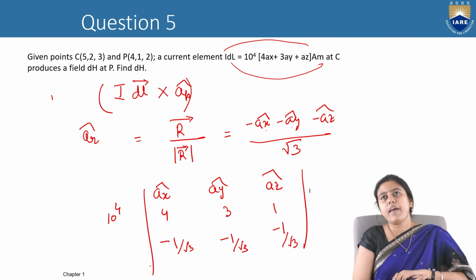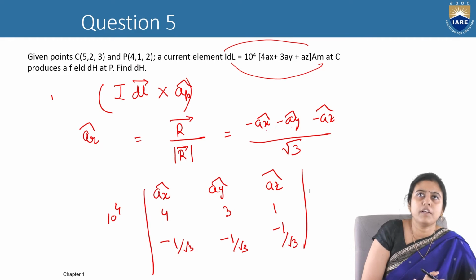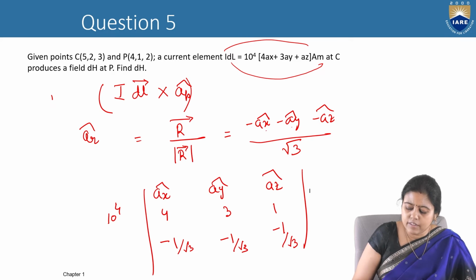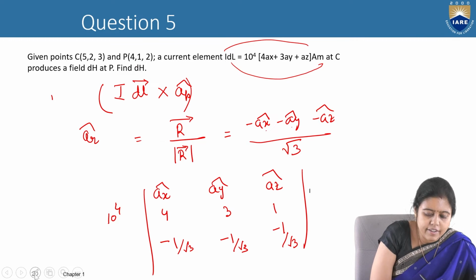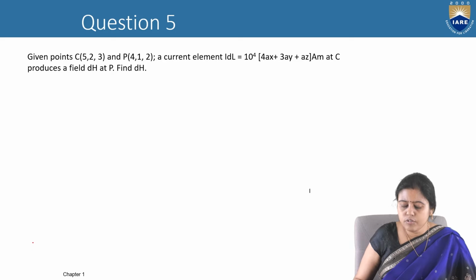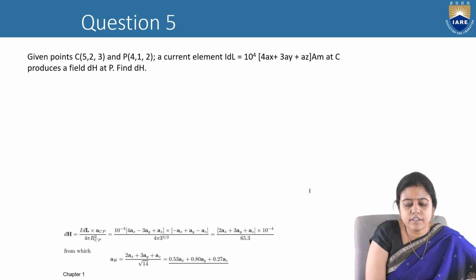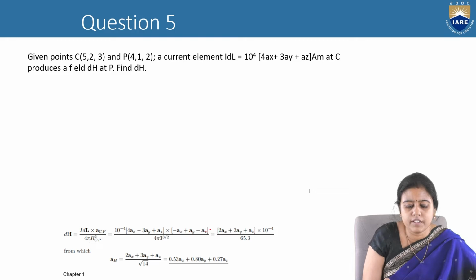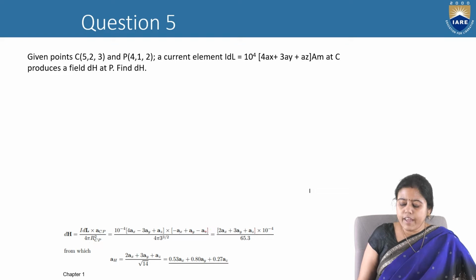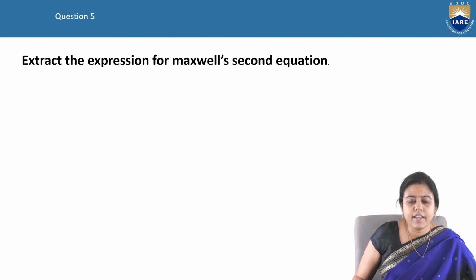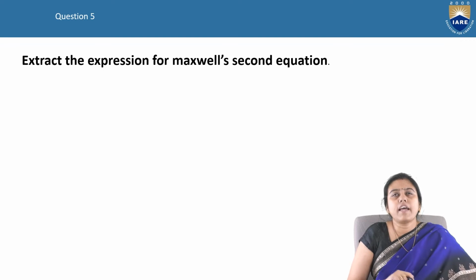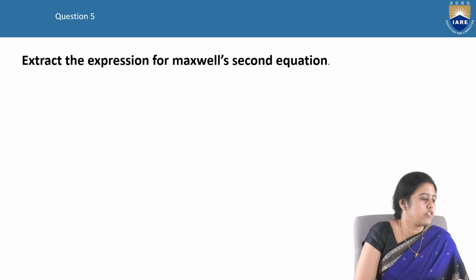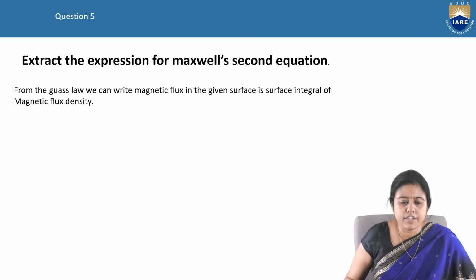If we do the multiplication, we will get the value H equal to I dl into 10 to the power minus 4. We are just putting the values, and from there we can get the dH value.